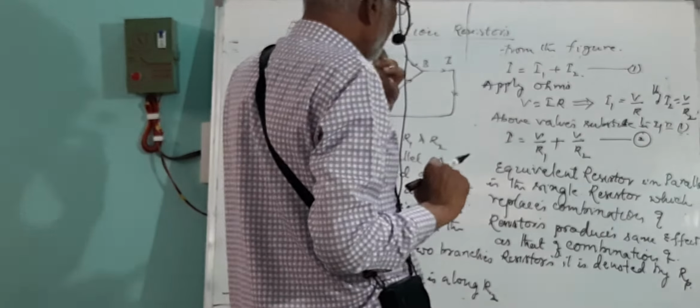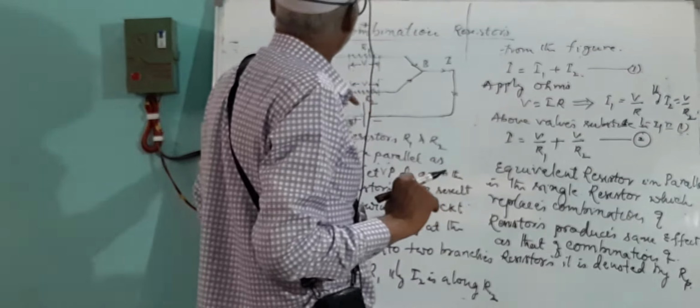Now, in order to find the equivalent resistance, you have to draw another circuit, that is the equivalent circuit of the parallel combination of resistors. According to the explanation, an equivalent resistor is a single resistor which replaces the combination of resistors and produces the same effect as that of the combination of resistors.